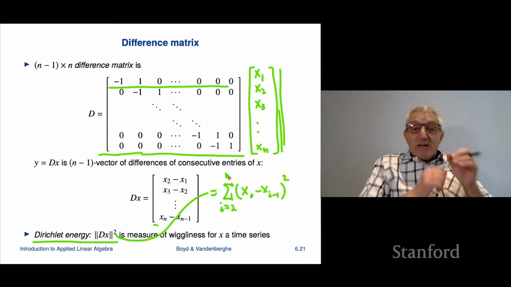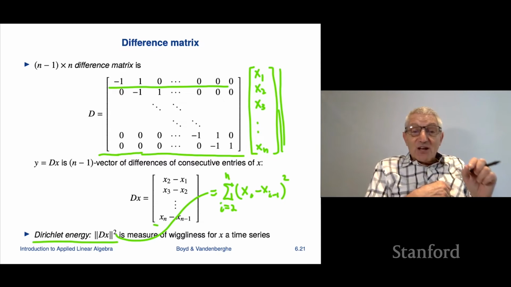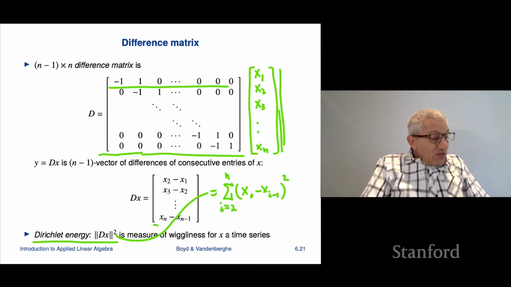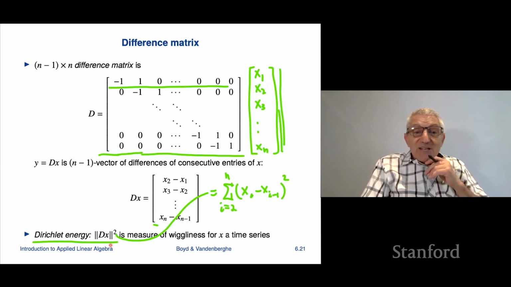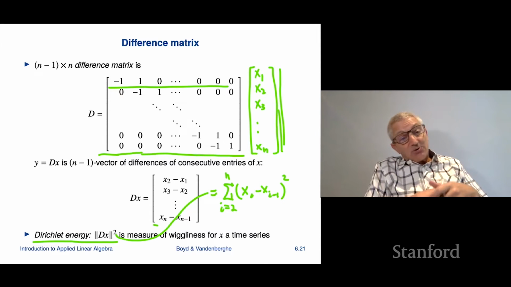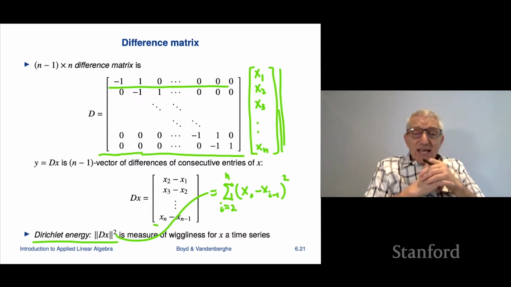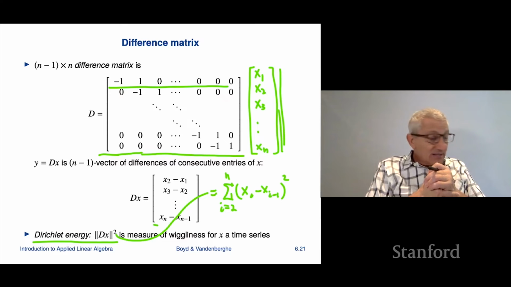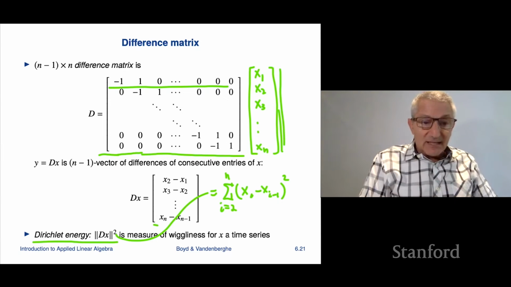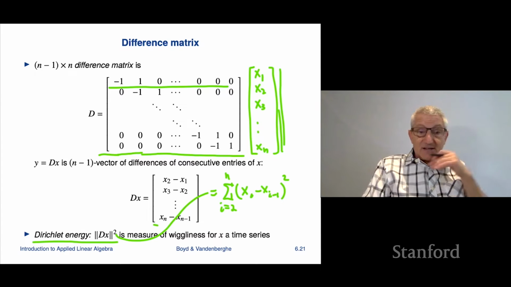So it's literally the sum of the squares of the consecutive differences. The Dirichlet energy is 0 for any vector which is constant, meaning all the entries are the same. If x is crazy wiggly, or first it's plus 10, minus 10, plus 10, if it's alternating sign, the Dirichlet energy is going to be very high, right? So that's the idea behind that. That's going to come up later in the class, exactly this kind of thing.